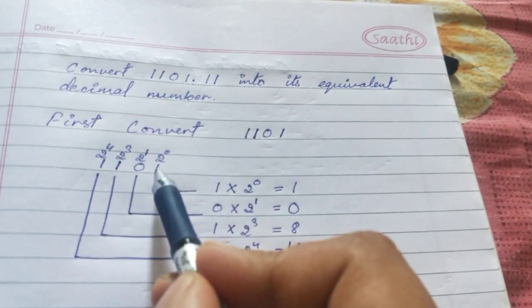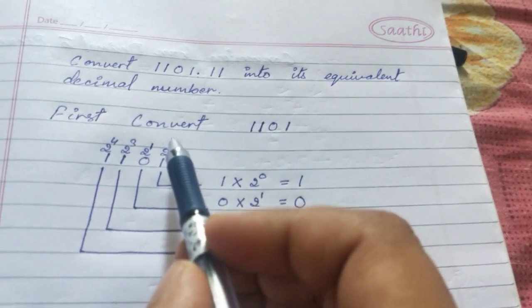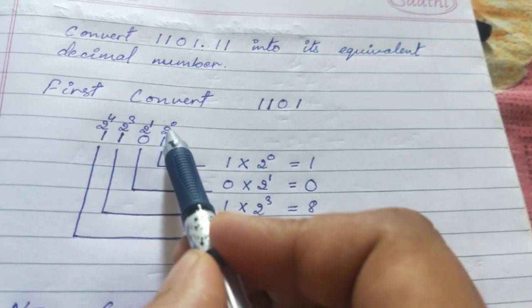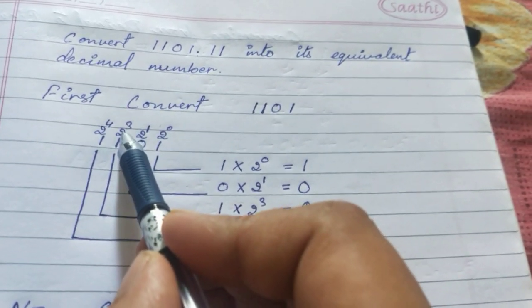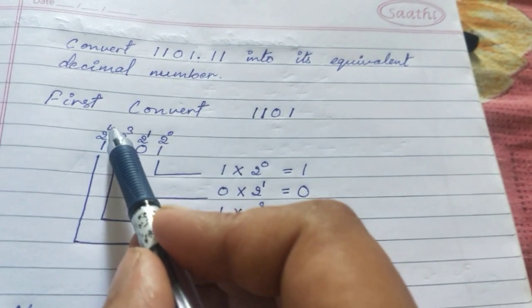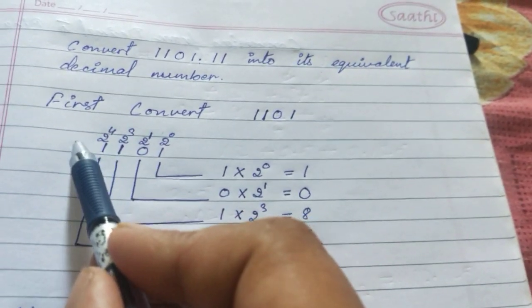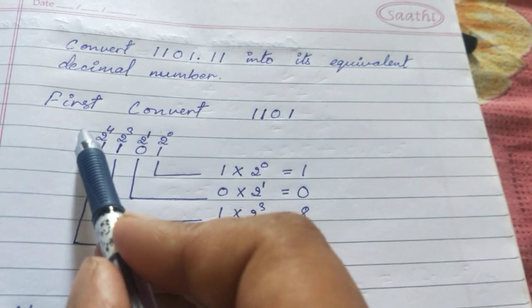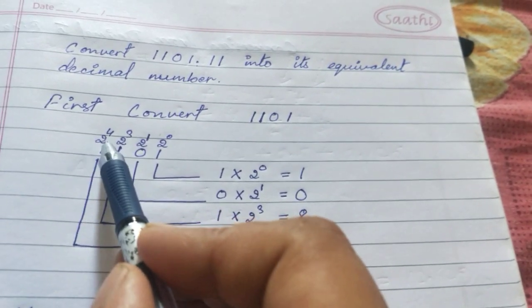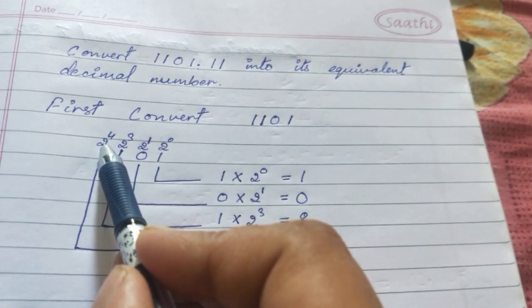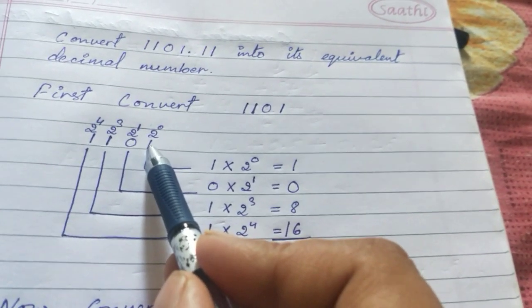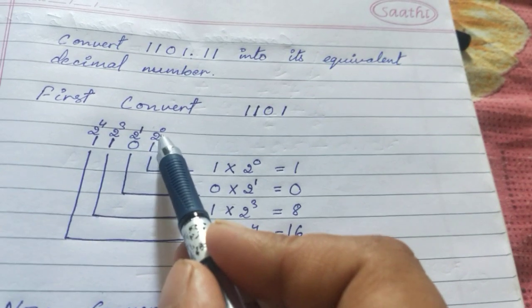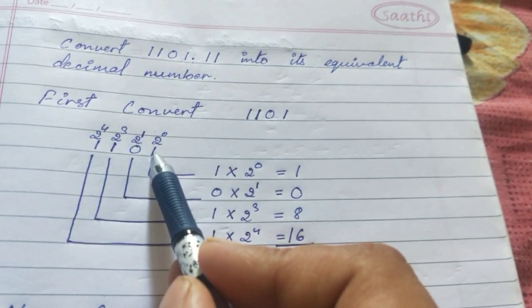You start from the right-hand side: 2 to the power 0, 2 to the power 1, 2 to the power 2, 2 to the power 3. If there were more numbers, you would have continued with increasing the power of the base number 2.